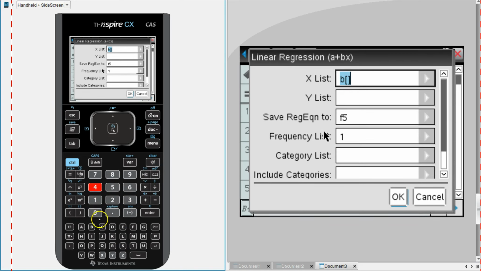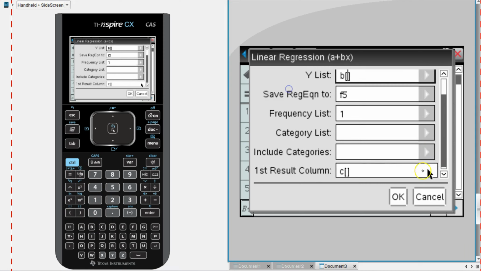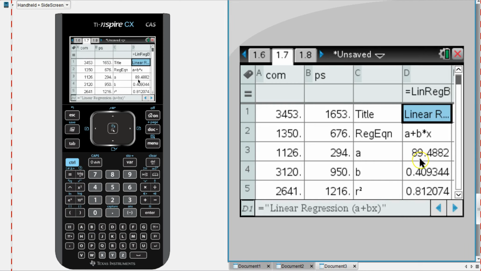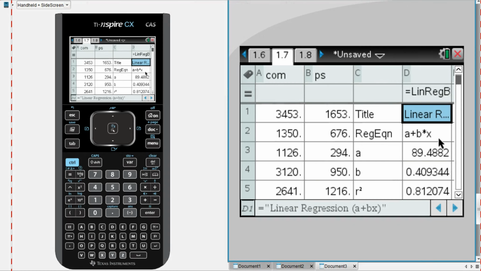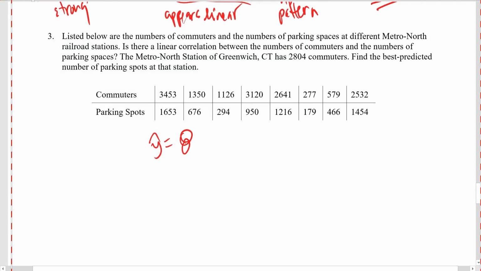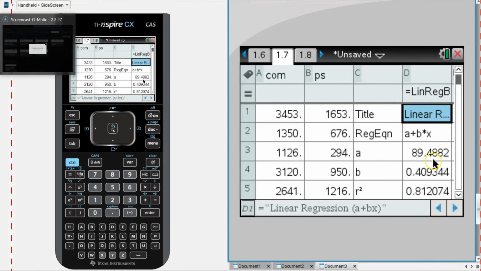Our x list was in A. Our y list was in B. And make sure the results are going in C. Our equation, 89.4882 plus 0.409344.